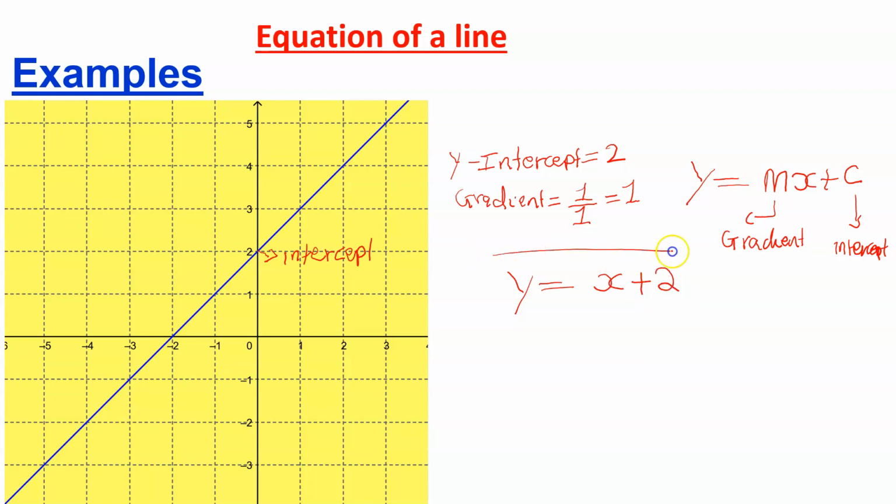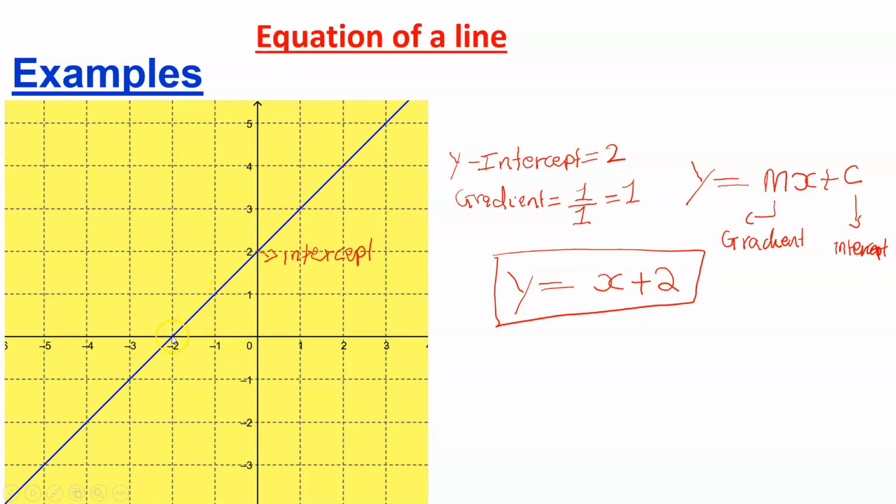So we found the equation of that blue line. Your line intercepts the y-axis at the point 0, 2, that's where the 2 comes from. And it has a gradient of 1, which simply means every one step in the horizontal direction, your graph will go up by 1.